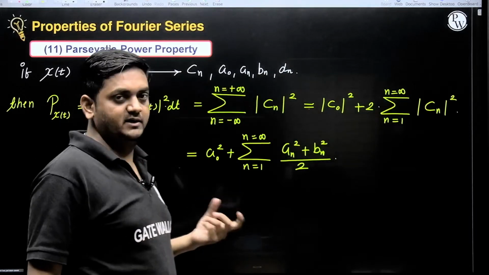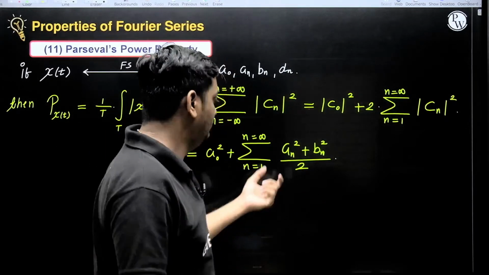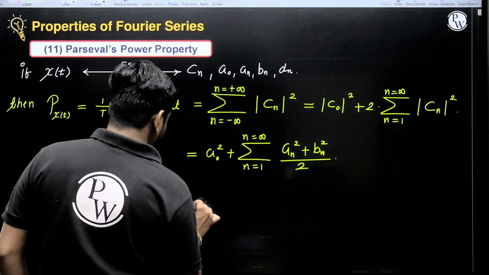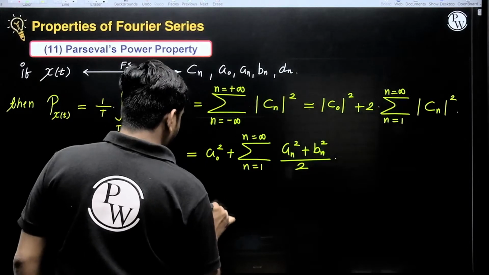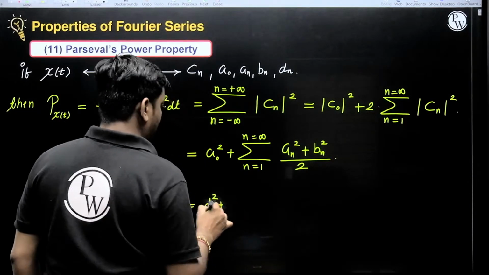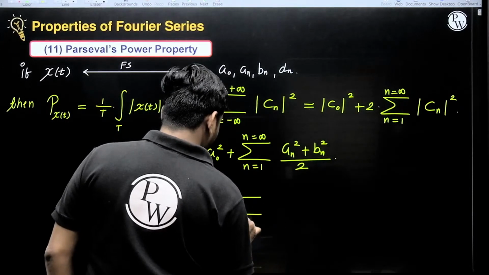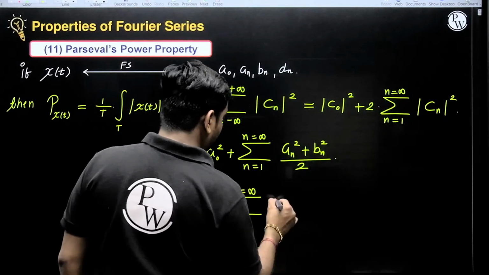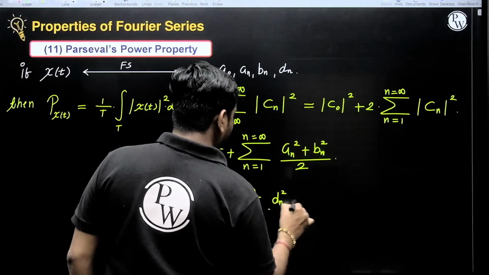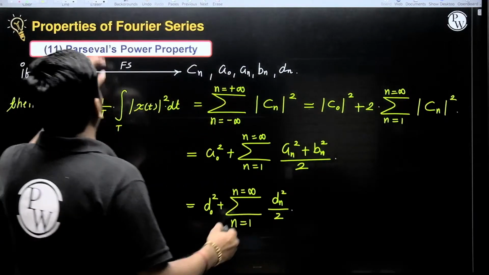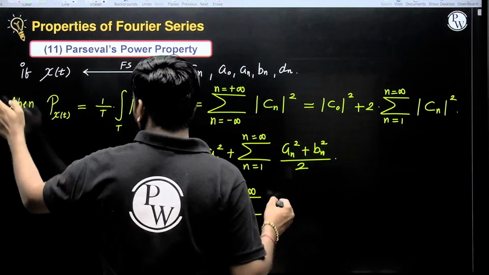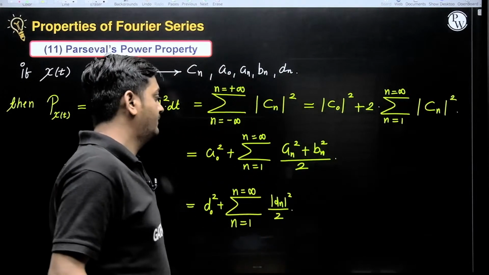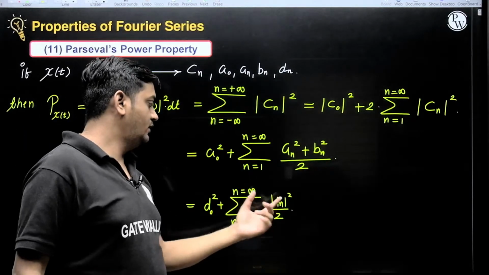If an is a complex valued signal, then you can take the modulus also, and using dn also, guys, you can calculate the total power: mod d0 square plus summation n from 1 to infinity mod dn square divided by 2, because dn can be a complex valued signal.